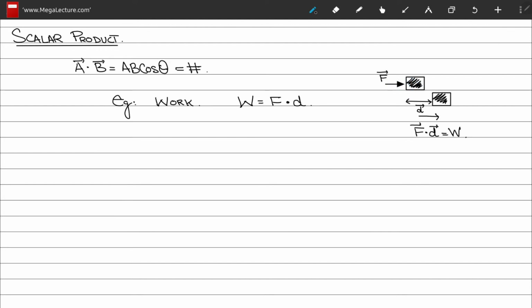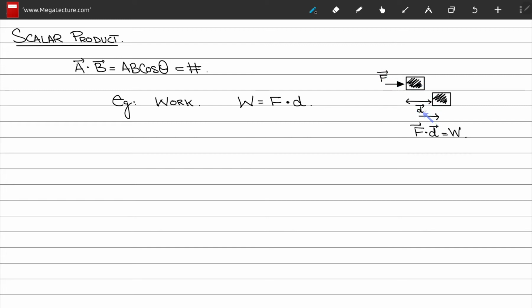So this is the situation that I'm talking about. You have a block over here and you exert some force on this block to push it to the right side, and suppose that it moves some distance d to the right with this amount of force acting on this block.